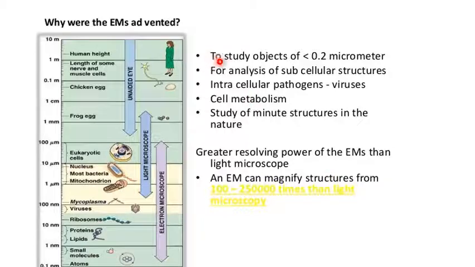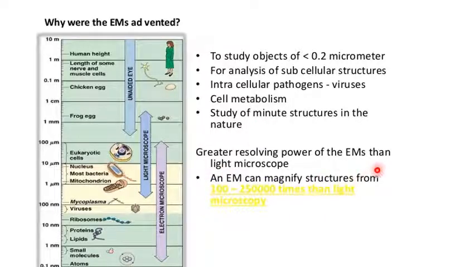Electron microscopes are used to study objects whose dimensions are less than 0.2 micrometer. It is used for analysis of subcellular structure, intracellular pathogens, viruses, cell metabolism, and study of minute structures in nature. In material chemistry, it is most widely used. It is a characterization technique for materials, especially nanomaterials, which are characterized by electron microscope.